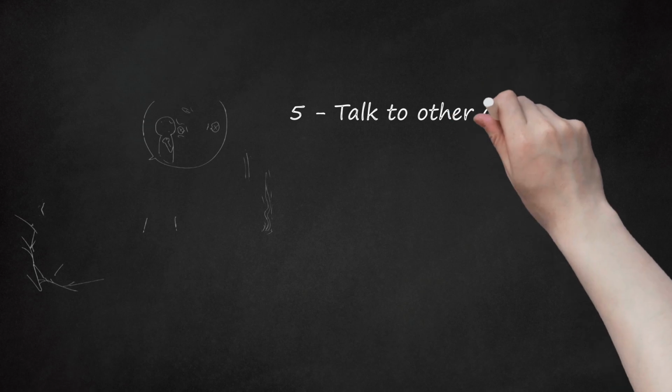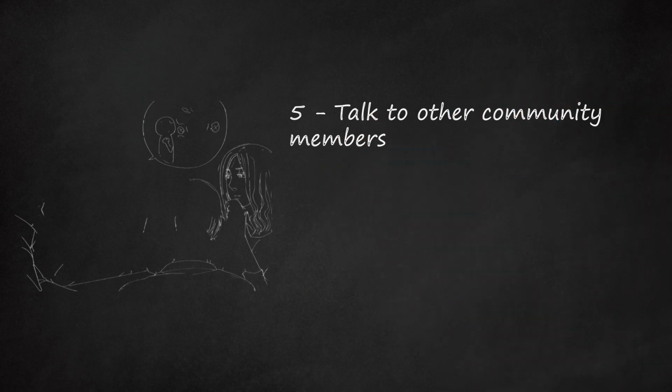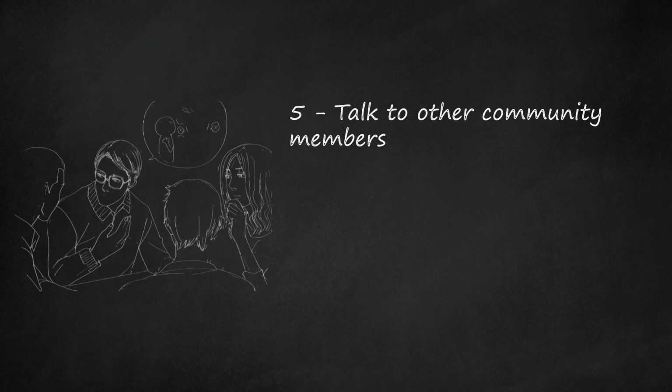5. Talk to other community members. Many people can help you monitor and remedy your child's bullying. Other parents, coaches, and faith leaders can help you identify and correct bullying. Ask them for their advice and perspectives on the issue.